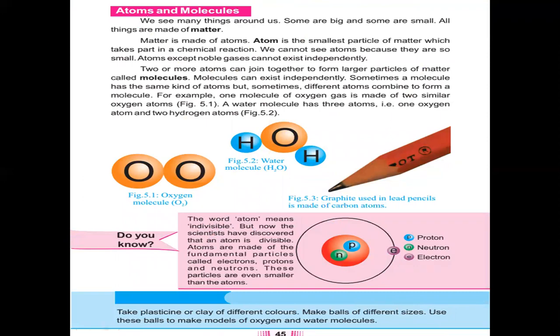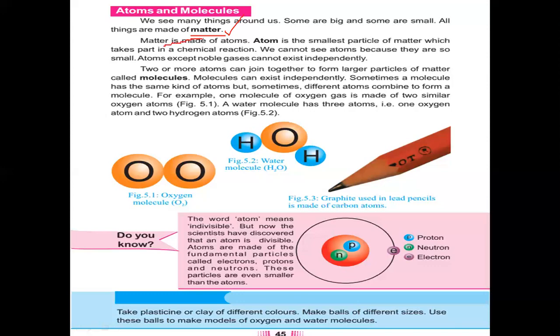Atoms and molecules is the first topic. Why? Because everything which is around us is made up of matter. And what is matter? You have studied in grade 5 that everything that has weight, that has mass and occupies a space, or has volume, is called matter.